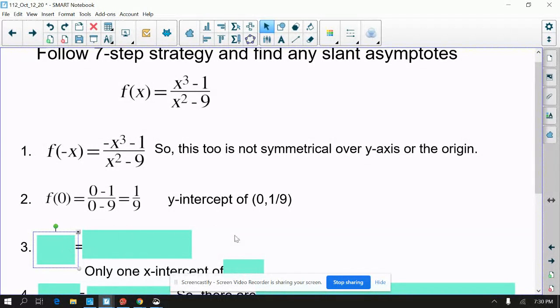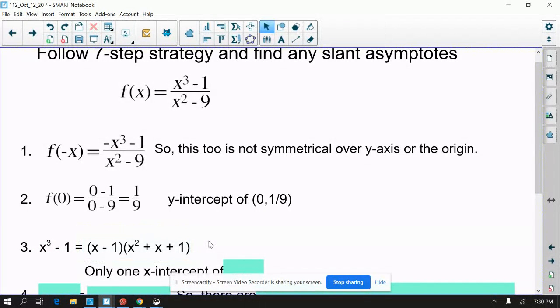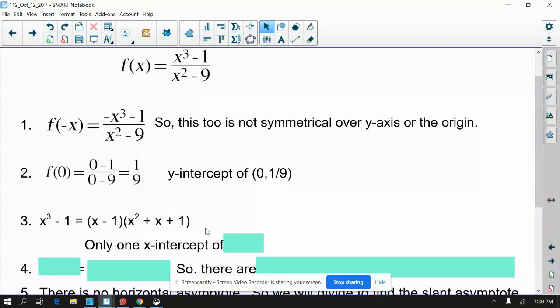Now, do you remember how to factor x cubed minus 1? It factors into x minus 1 times x squared plus x plus 1. When you factor a difference of cubes, this quadratic is always prime. If you had something like x to the 6th minus 1, then maybe some more factoring can be had, but this is prime.